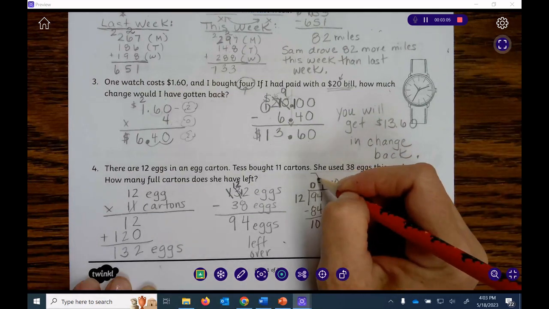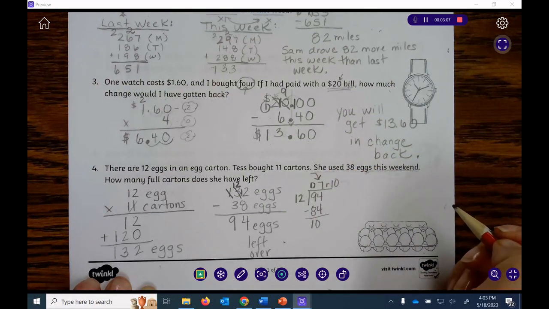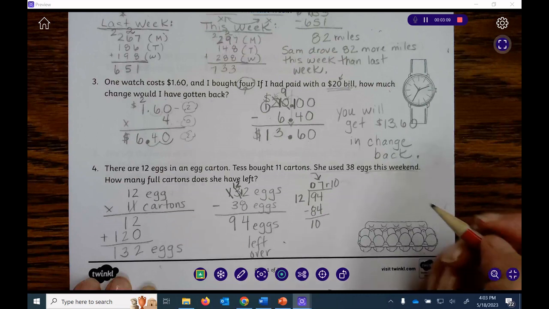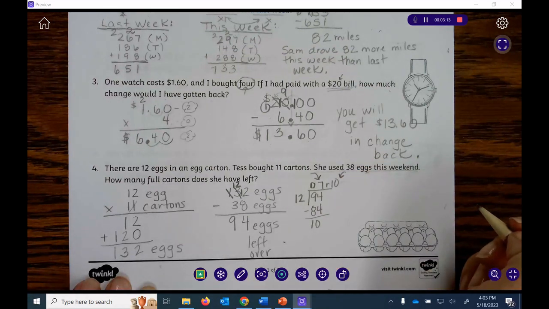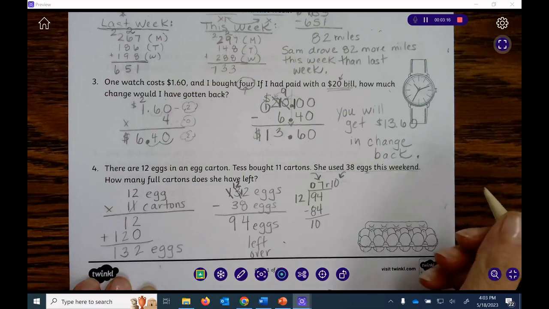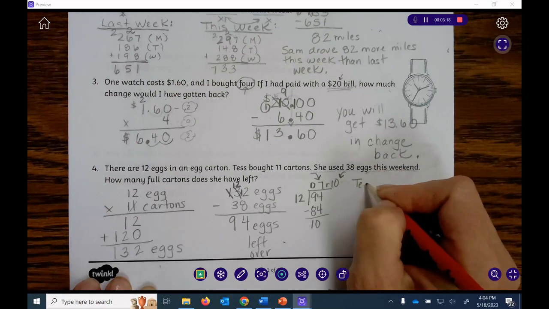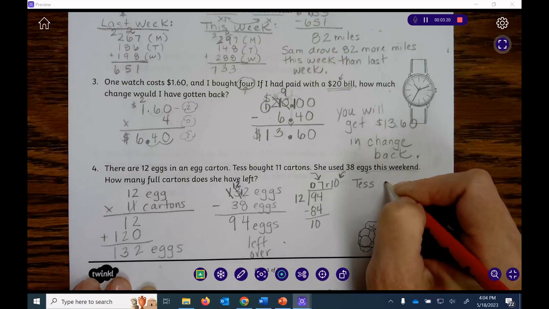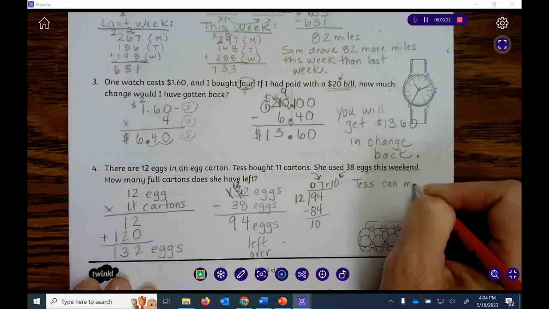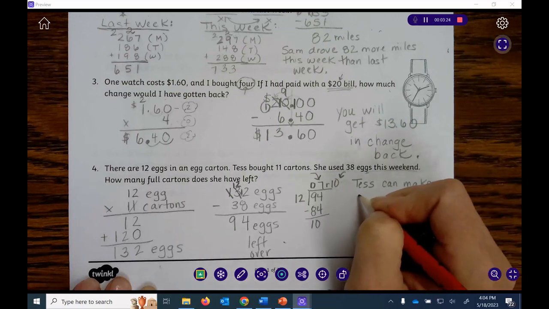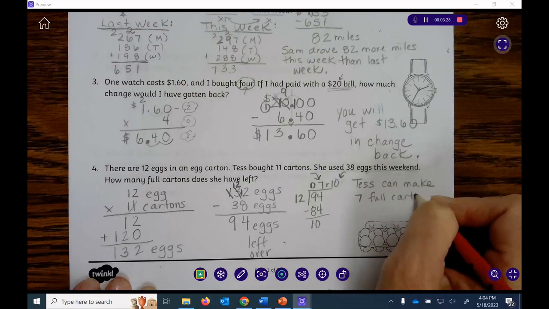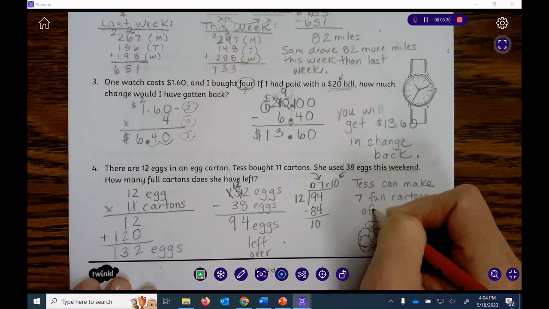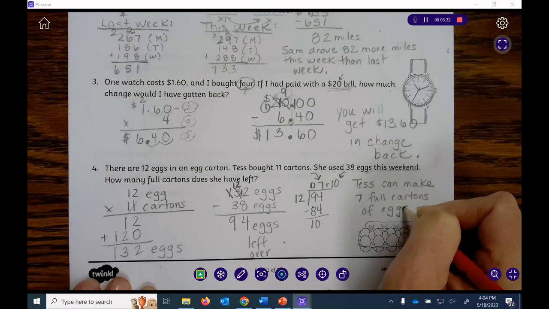This number 7 tells me how many full cartons she has, and 10 lets me know how many eggs she has left over. So my answer is Tess can make 7 full cartons of eggs.